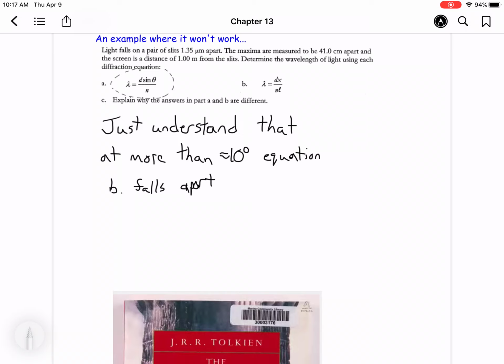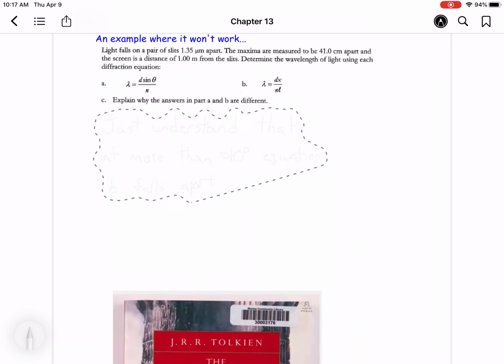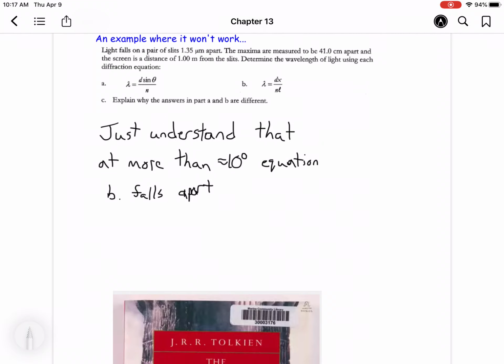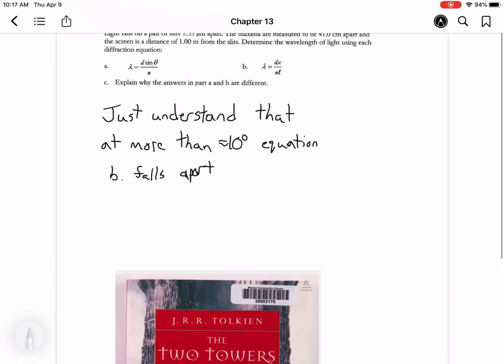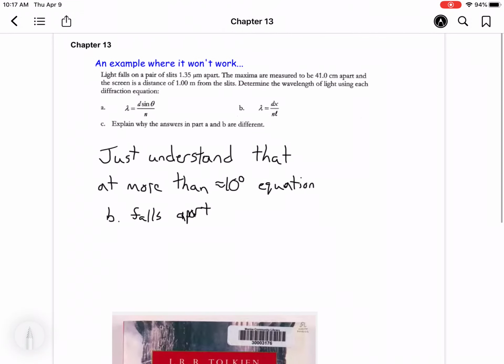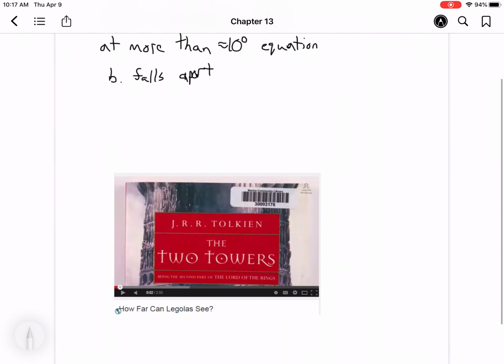It just doesn't really show up that much in questions. They're different because this only works if the angle is 10 degrees or less. So this would be the correct answer for A. But just understand that at more than approximately 10 degrees, the second equation falls apart because of this sine theta being there. Again, not something I'm going to test you guys on or put on quizzes, but just keep that in mind.